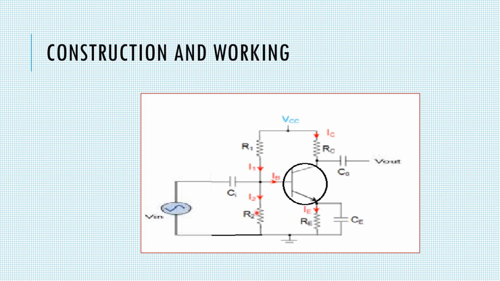They are connected in such a way that the midpoint is used for supplying the base bias voltage. There are different types of electronic common emitter amplifier, and here we are using the R1 resistor used for forward bias and R2 for the development of bias.